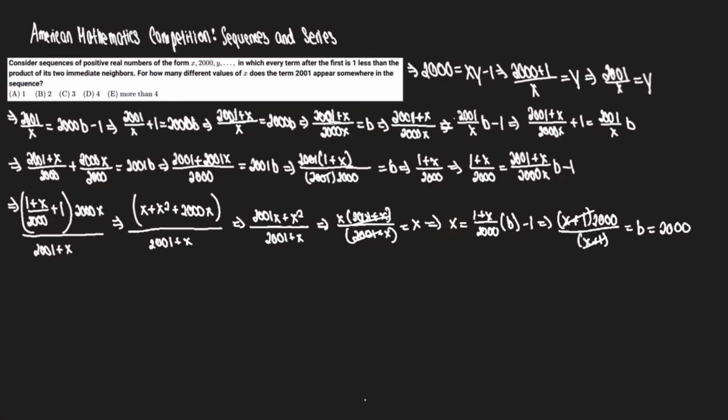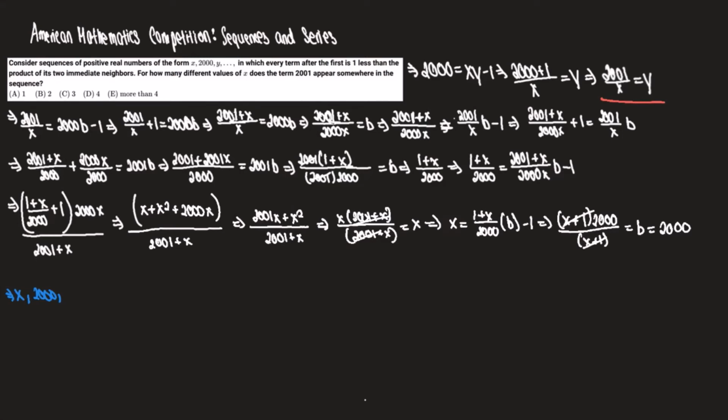Look, this is the original term, right? Here, let me write in blue. It started off with x, 2000, y, and y was 2001 over x.